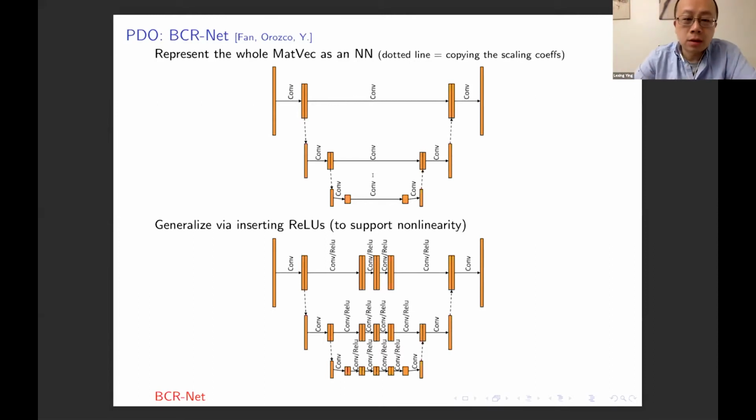Now, one can generalize this architecture by inserting ReLUs and by adding more convolution layers in the middle, and this will allow us to support nonlinearity, and this becomes quite powerful. This net architecture we call BCRNet because it's based on the wavelet decomposition scheme proposed by Beylkin, Coifman, and Rokhlin about 30 years ago.